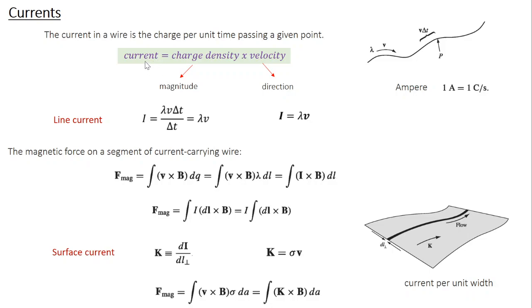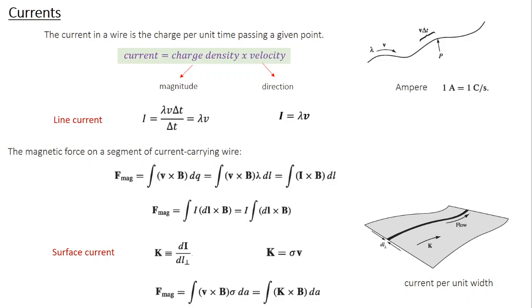So if you look at the fundamental definition, current I equal to charge density lambda multiplied by velocity v. And the unit of current is ampere, and from the definition of the current, this is charge by time. Charge unit is coulomb, time unit is second, so this is coulomb by second. So 1 ampere is 1 coulomb divided by second.